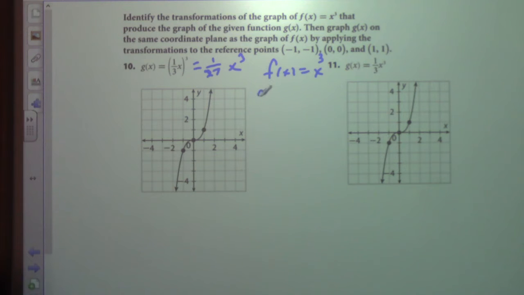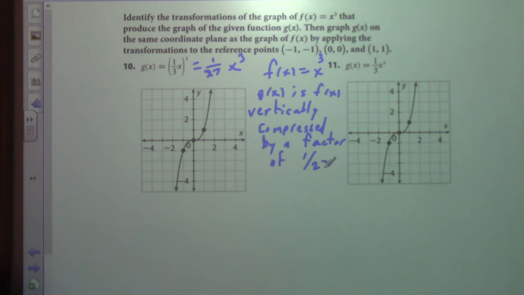So g of x is f of x vertically compressed by a factor of 1/27. Okay, good.